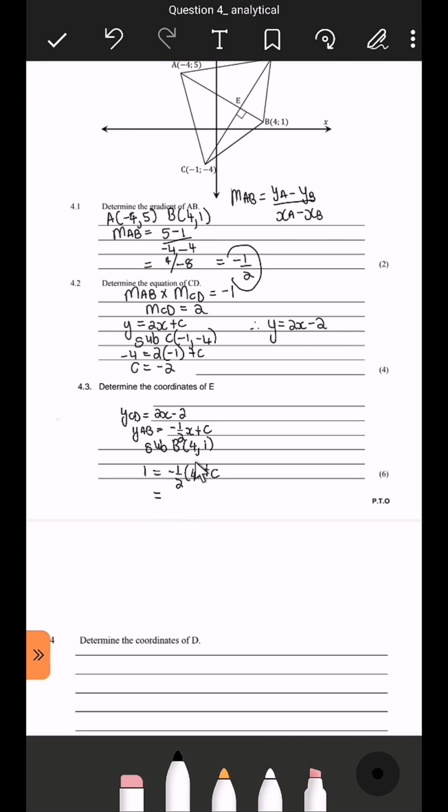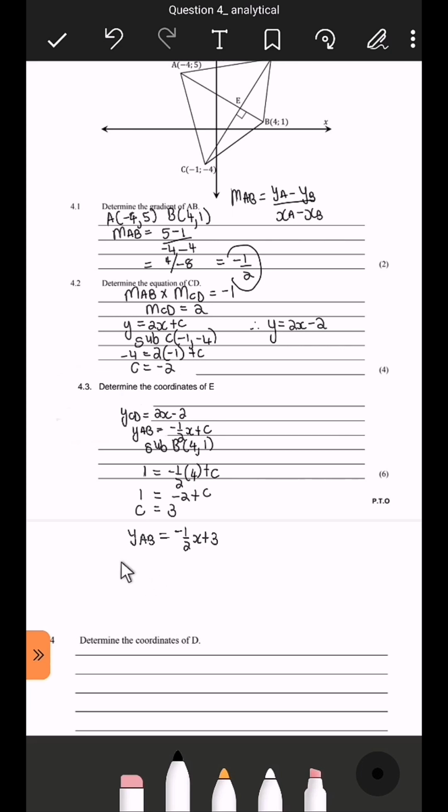When you calculate this out, we get negative 2 plus c equals 1. That means c is equal to 3. From there, we have our linear equation of AB: y of AB equals negative 1 over 2x plus 3.